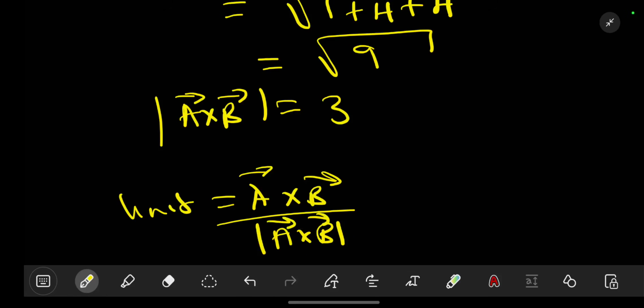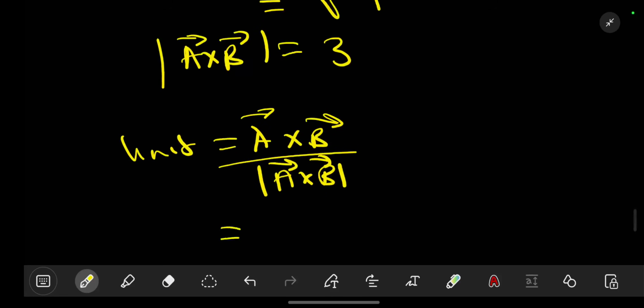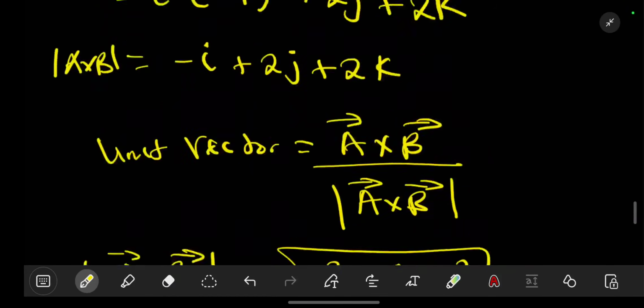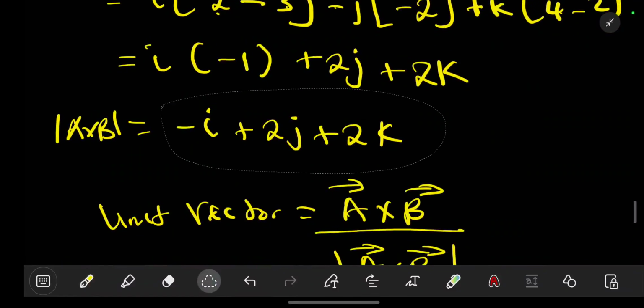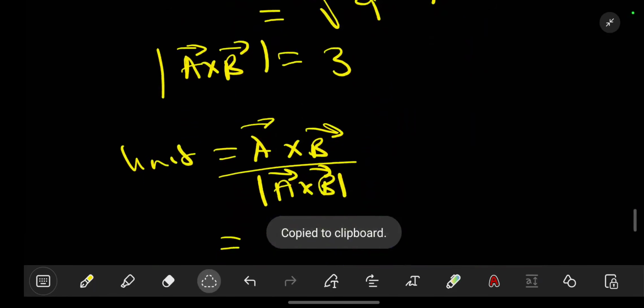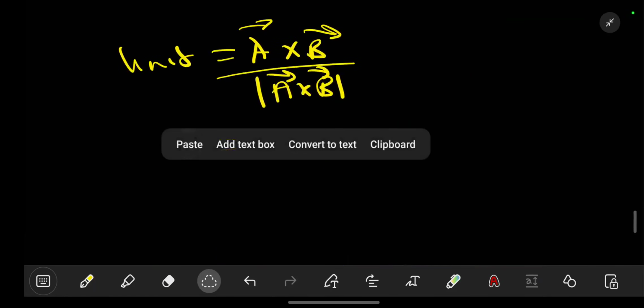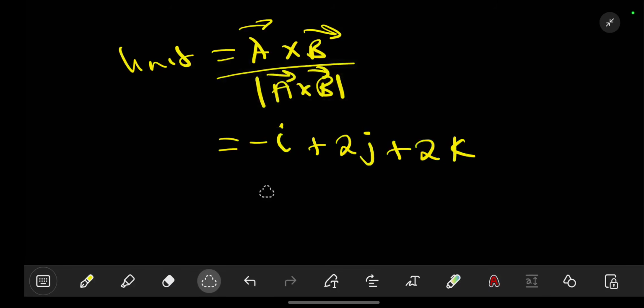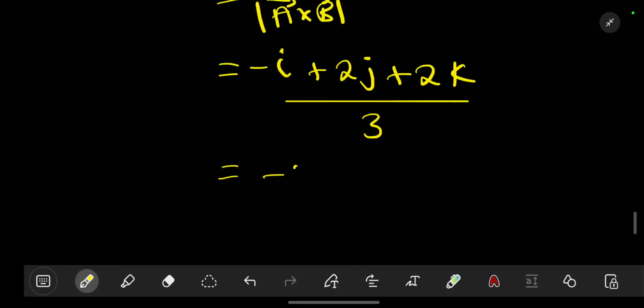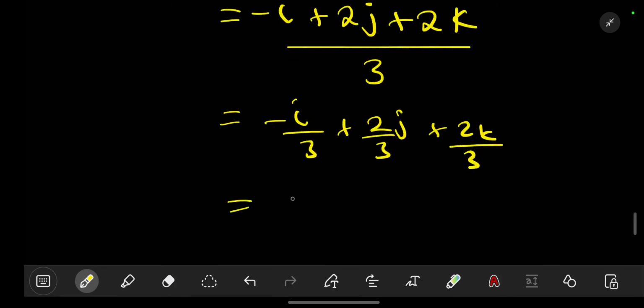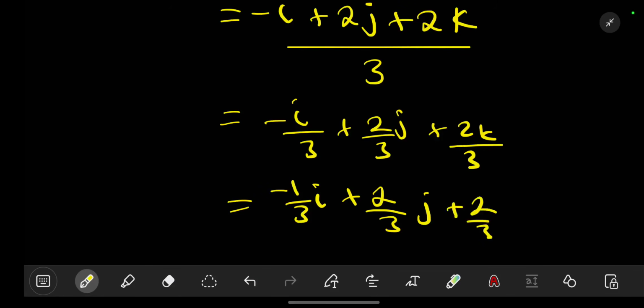So we can write A cross B will be equal to, we have our negative i, so this vector over its magnitude, and the magnitude is equal to positive 3, which can be split as negative i over 3 plus 2j over 3, plus 2k over 3, which can be separated as negative 1 over 3 i, then we have plus 2 over 3 j like that, then we have plus our 2 over 3 k like that.